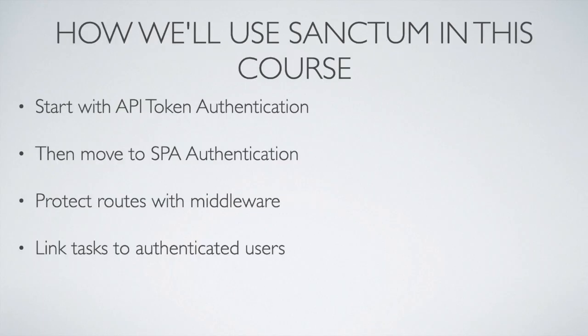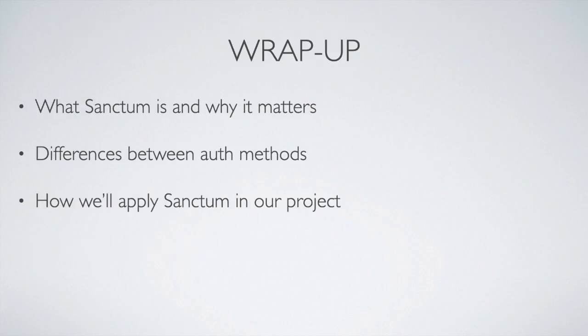In this course, we'll learn both methods, starting with API token authentication, then moving on to SPA authentication. We'll secure our routes, allow users to register and log in, and make sure tasks are tied to the currently authenticated user. We'll also explore middleware protection, guarding routes, and how to work with Sanctum in a clean and maintainable way.